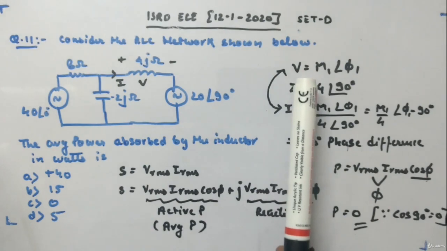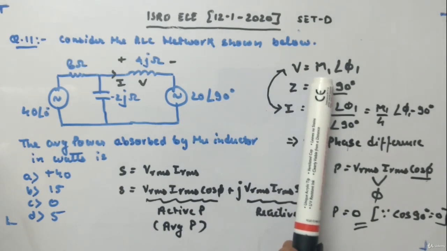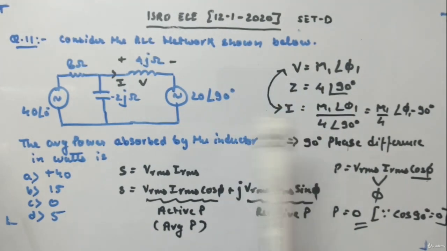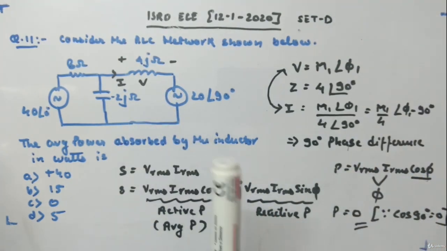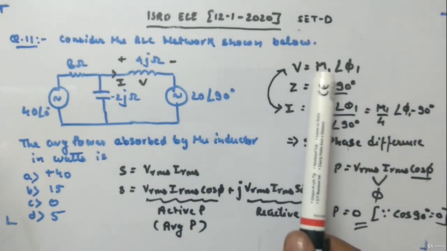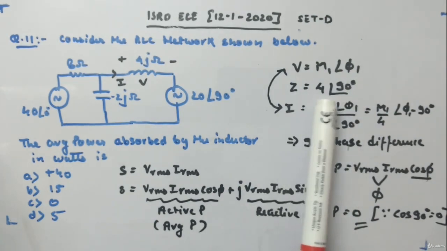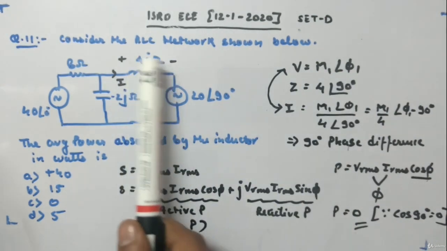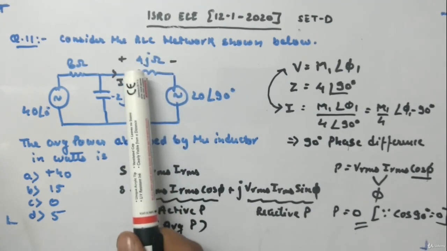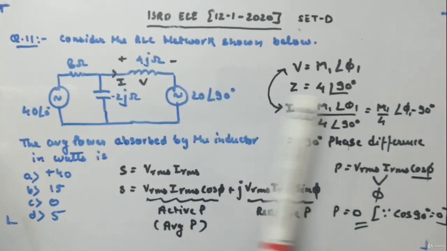Now we will have some magnitude and phase, M1 and Phi1. We are not interested in exact values. M for magnitude, Phi for phase. Z of the inductor will be 4 angle 90 degree, magnitude 4, angle 90 degree because of the j term.